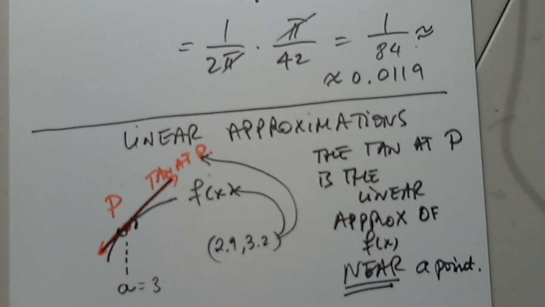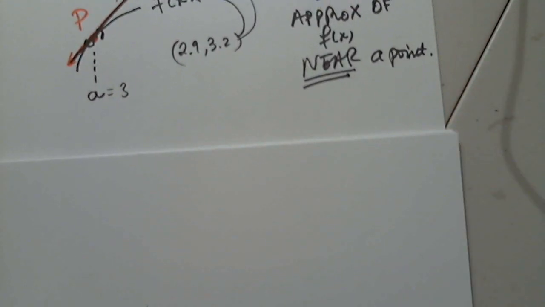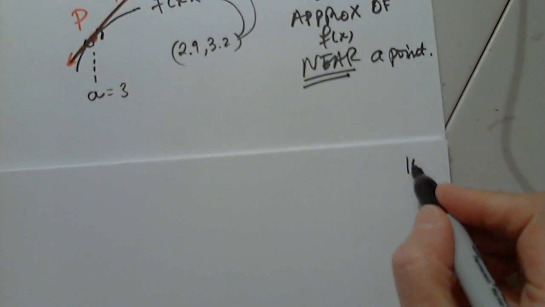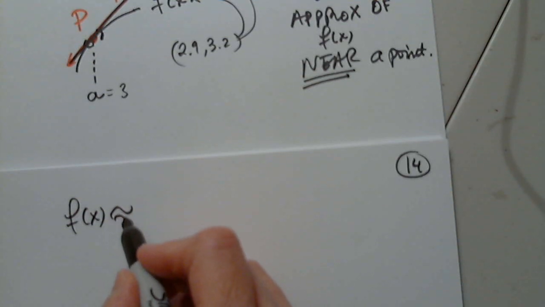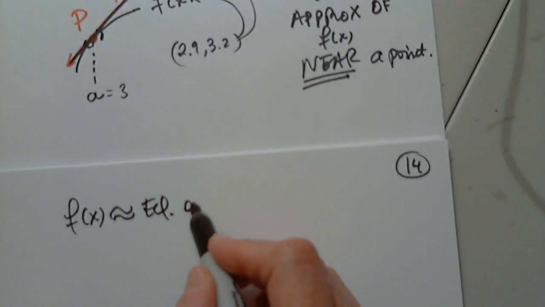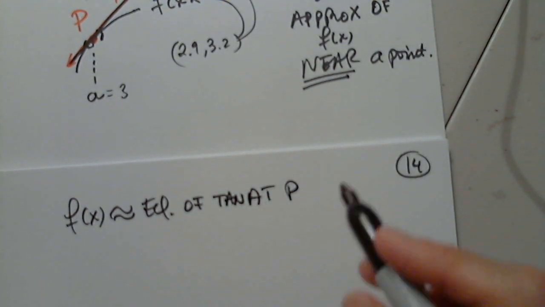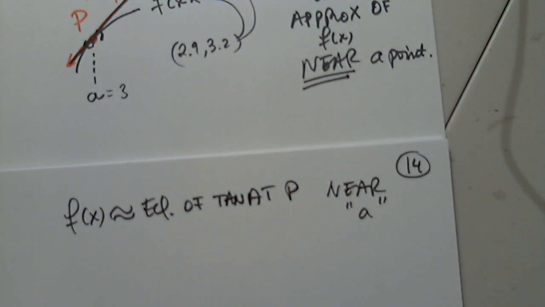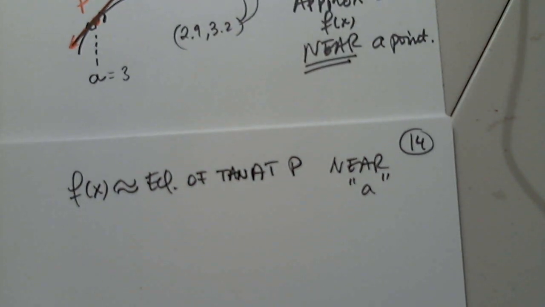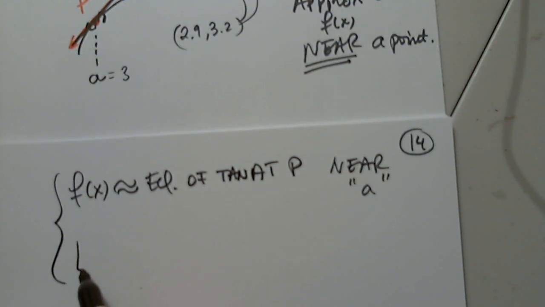So let's see how we do that. So I'm really telling you that f of x is approximately the equation of the tangent line at P. Near, we say A. So this was one thing. The second thing will be uppercase L of x, which equals.